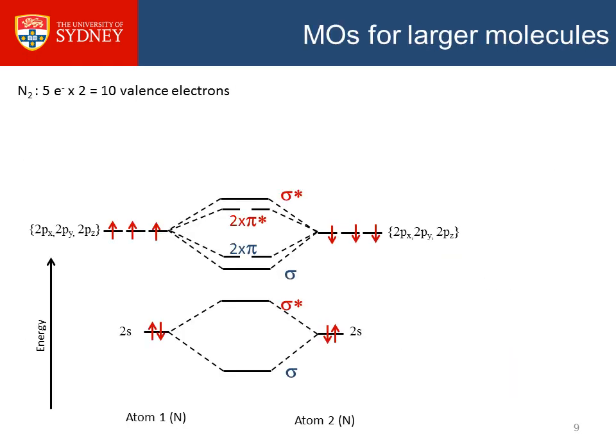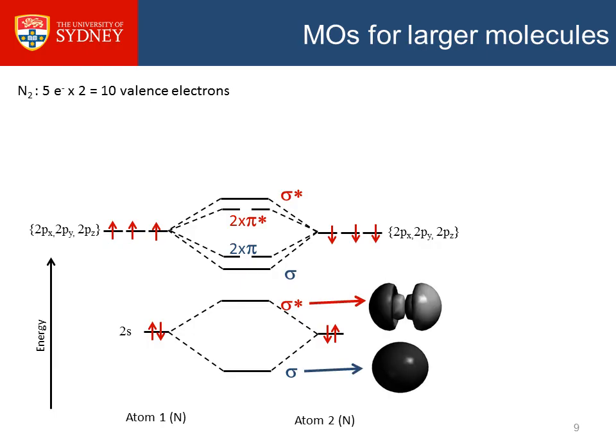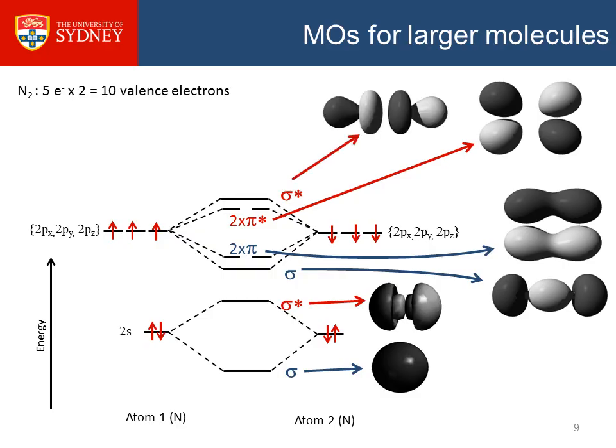Finally, if we look at molecular orbitals for larger molecules, the same rules apply. The only difference here is that we don't only have sigma and sigma star molecular orbitals from 1s or 2s atomic orbitals, but we also have sigma and pi orbitals formed from p orbitals on the atoms. Here's a sketch of the molecular orbitals from the p atomic orbitals.